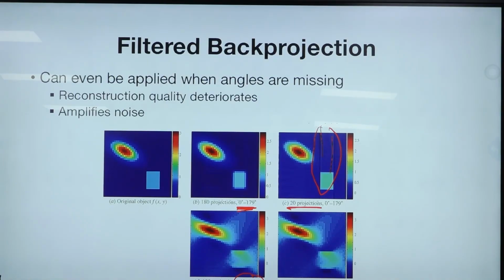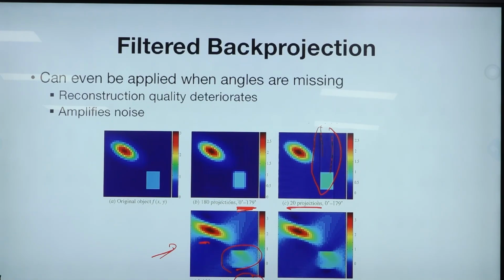You are still making 180 measurements, 180 angles of measurements, but the range of angles is limited. In this case, you will get artifacts. You can see this is very poor reconstruction. This is reasonable, but still the artifacts are there. It doesn't look like the original object.